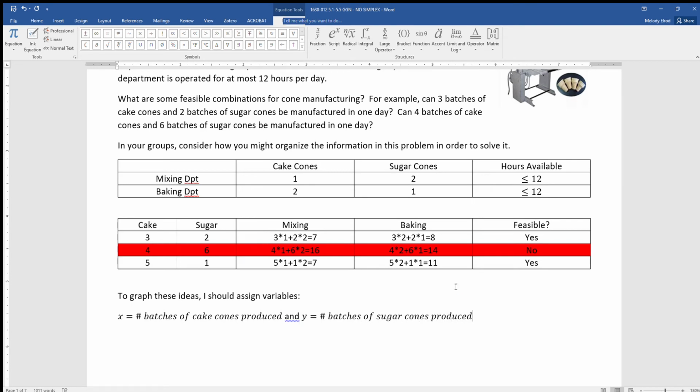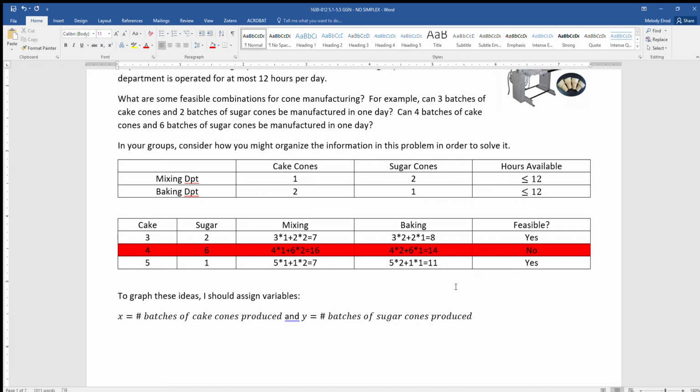That works. That's no problem. We could have called them A and B. We could have called them Y and X instead of X and Y. So it doesn't really matter. It's very arbitrary. Because remember, at this stage of the game, all we're doing is taking a real context and representing it mathematically so that we can go and solve and then take it back into context. So this is the part where we're just representing this mathematically.